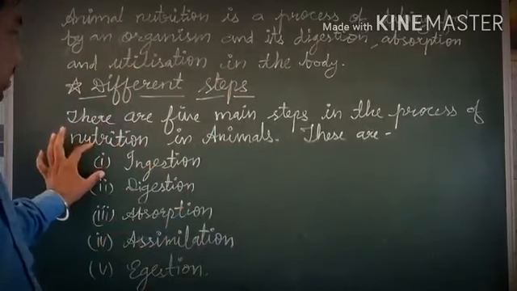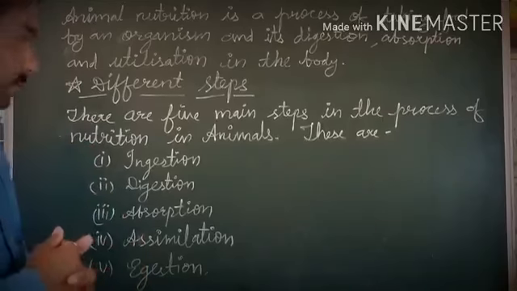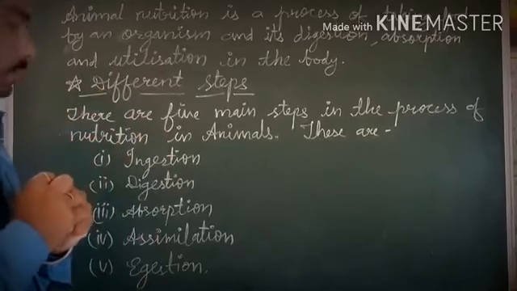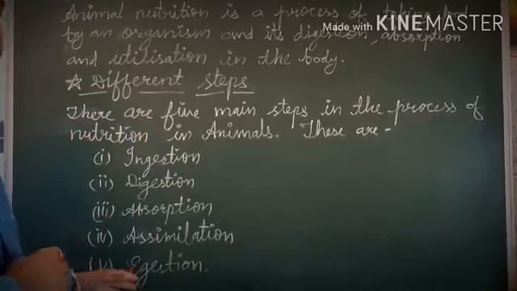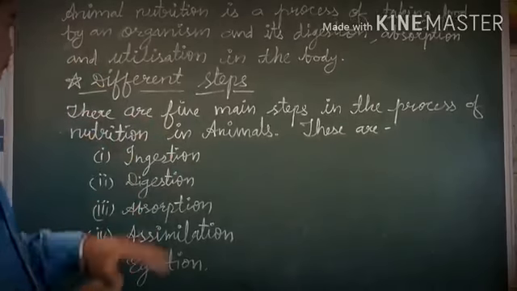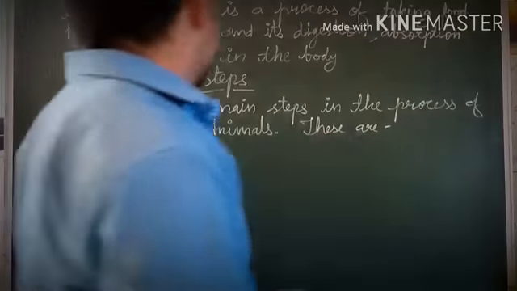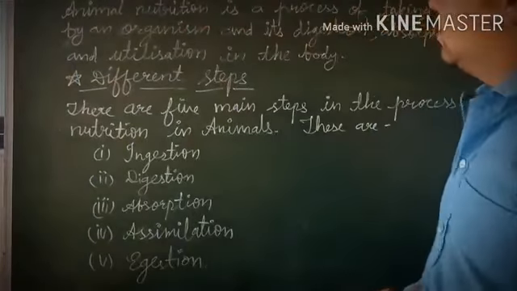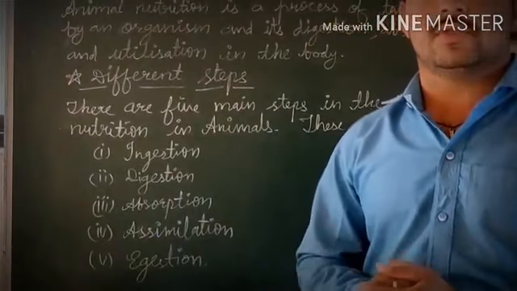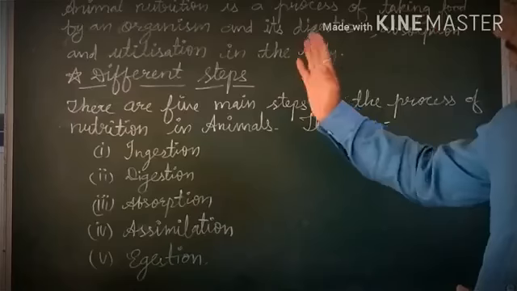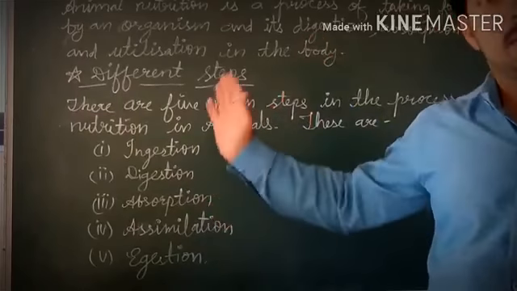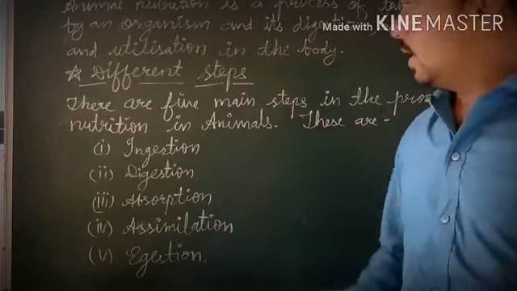First is ingestion, then digestion, absorption, assimilation and egestion. So these are the 5 main steps by which animals can take and utilize their nutrition. You can write it.